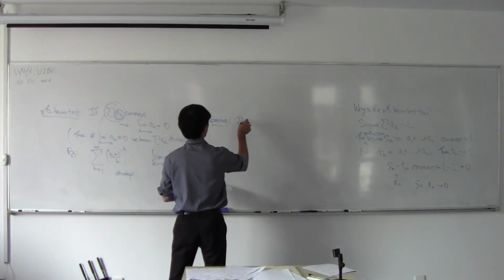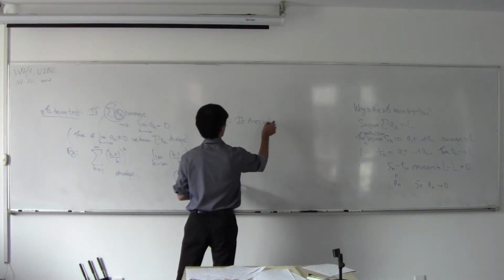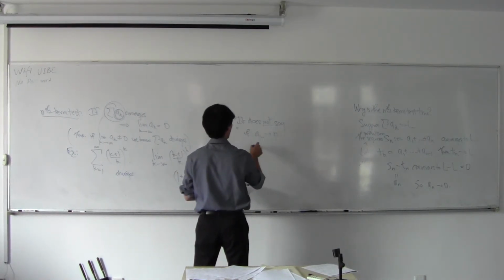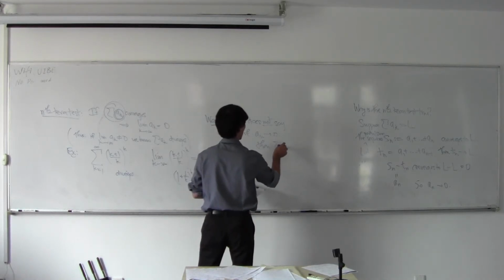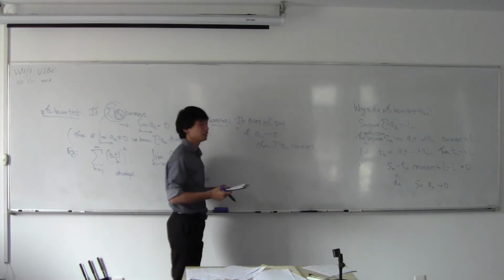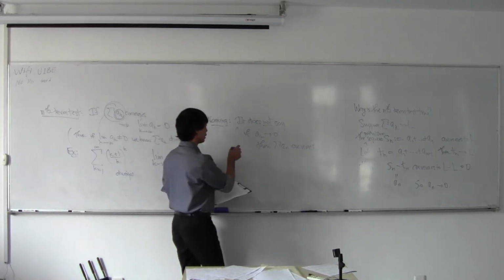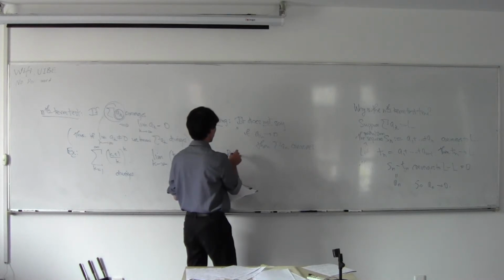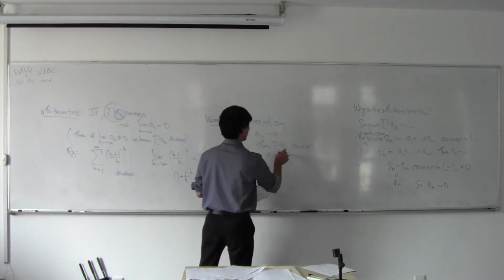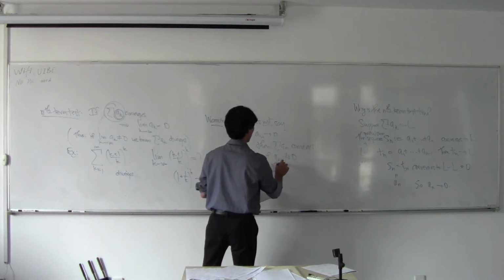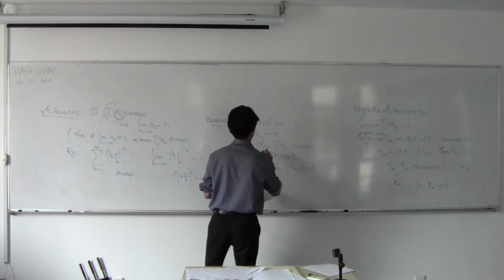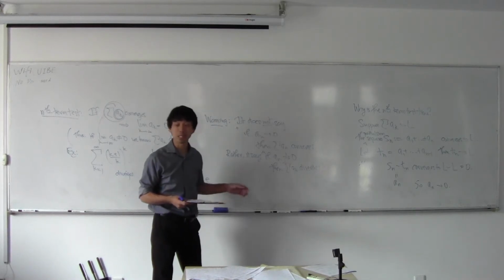It does not say if a sub n goes to 0, then the sum of a sub n converges. It says rather, if a sub n doesn't go to 0, then the sum of a sub n diverges. Which is a different statement.